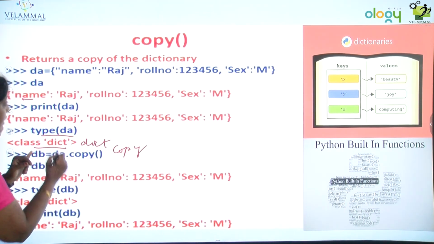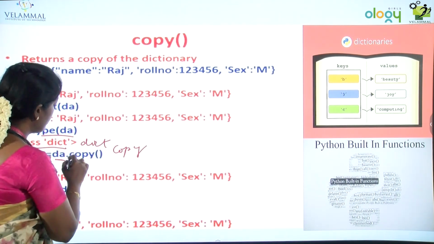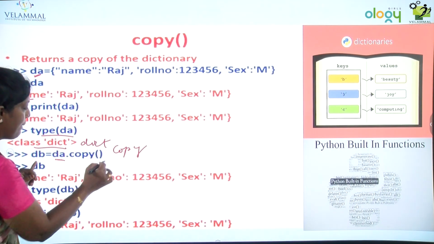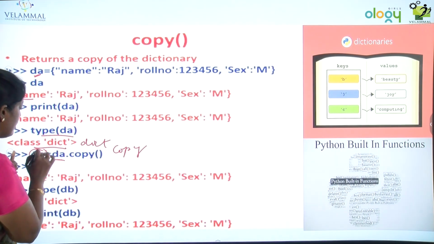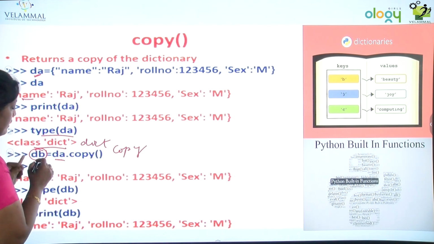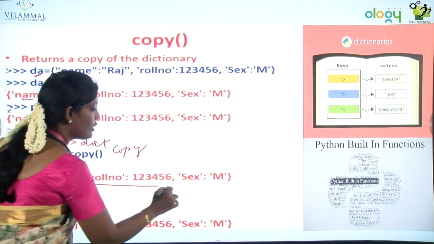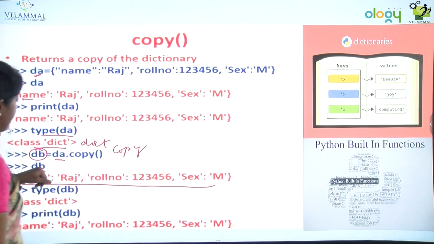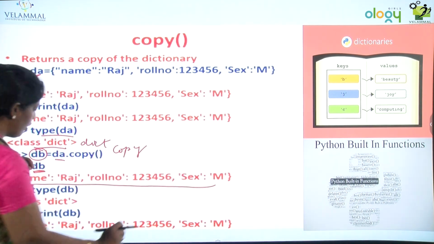I'm writing the dictionary name. This is the dictionary name, right? Dictionary name dot copy, with empty braces, right? Assigned to another variable called db, which is going to be new. So when you type this db, what happens? See, db was a new variable given, right? The same da elements are being displayed here.